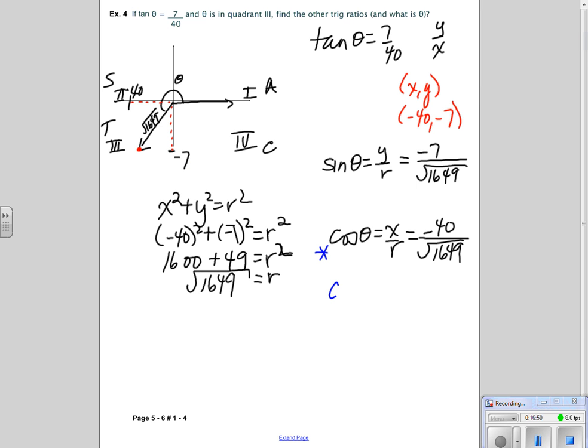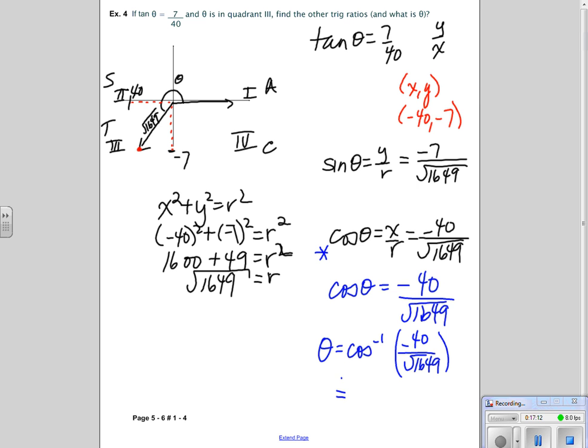So if we know that cos theta is negative 40 over root 1649, and I want to find an angle, I need to use second function cos of negative 40 over root 1649. I'm going to type that into my calculator. I have an answer of approximately 170 degrees.